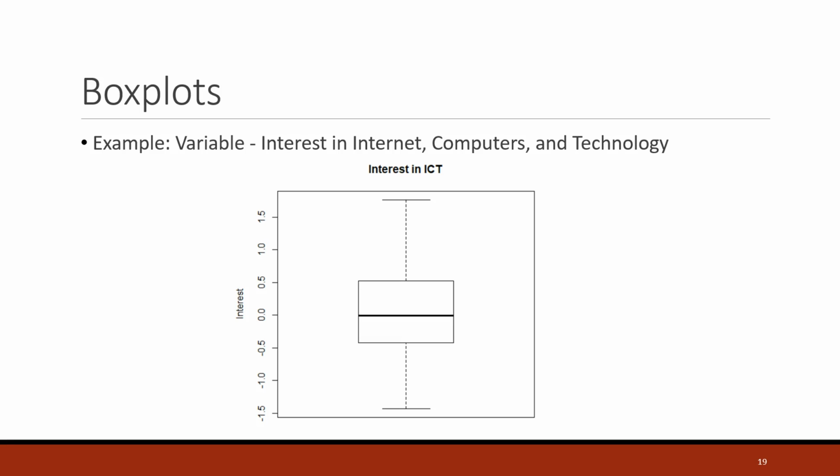And then extending from the box, we have the vertical lines that are reaching to the furthest observed value that is no more than 1.5 times the interquartile range. And looking at the box plot here, we can see that it's fairly symmetrical, which also corresponds to the small skewness value that we saw towards the beginning.